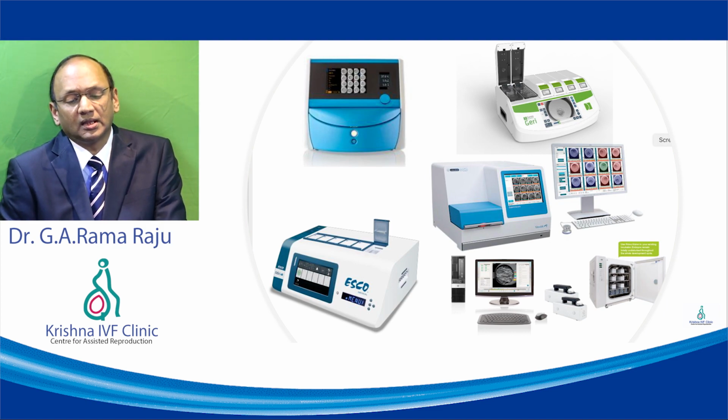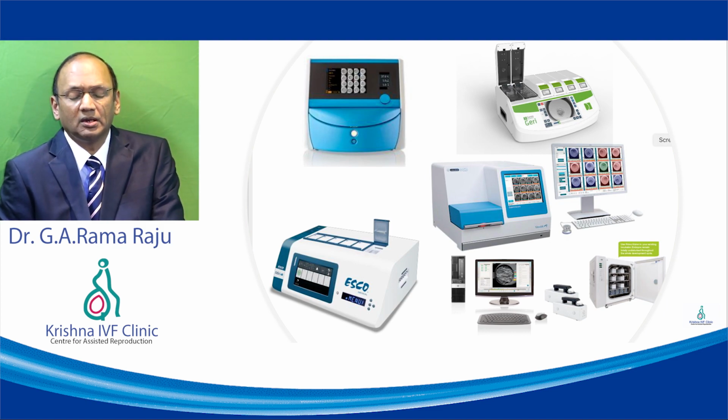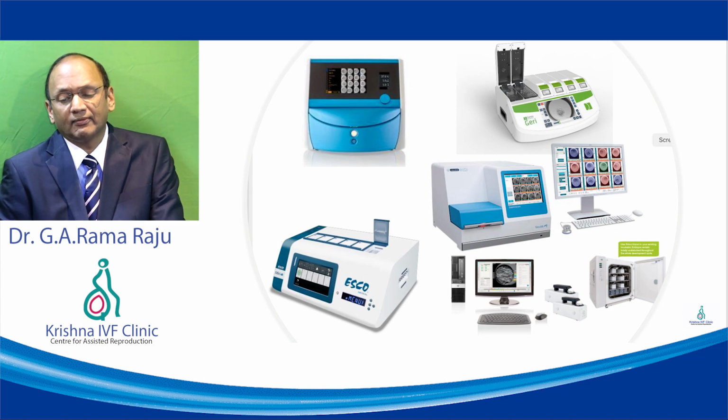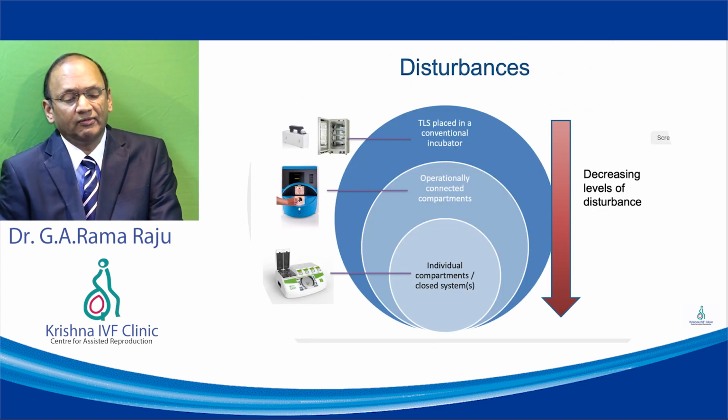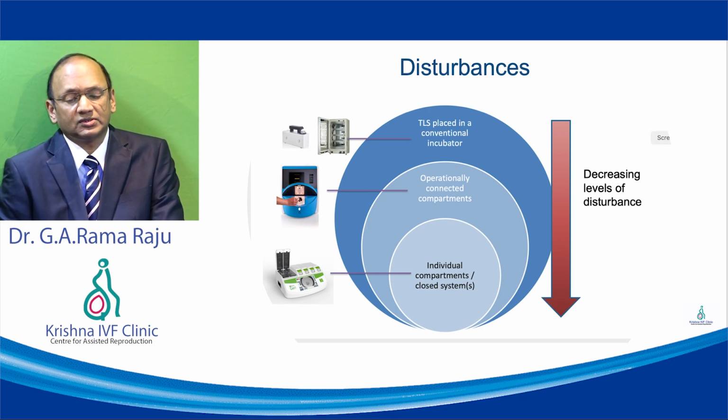At this moment there are six models available worldwide with different specifications and different costs and different safety features. We have one system wherein the time-lapse system is placed in a conventional incubator.